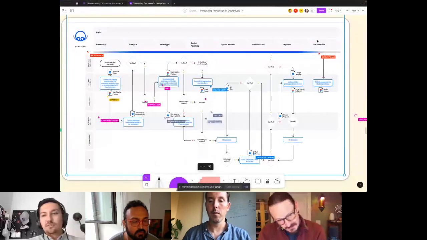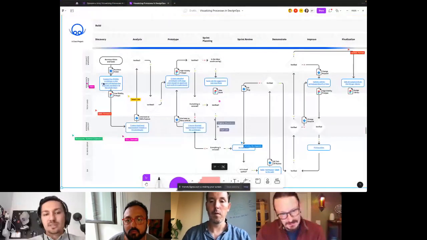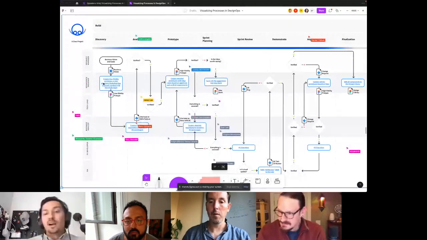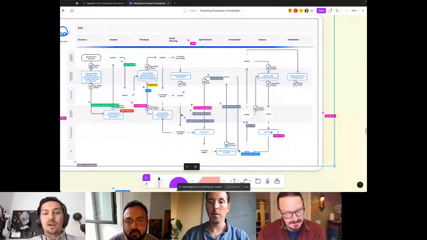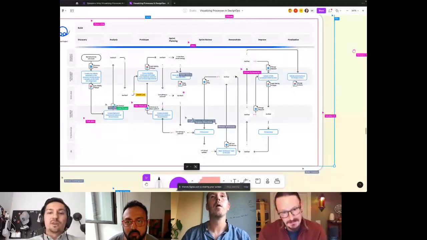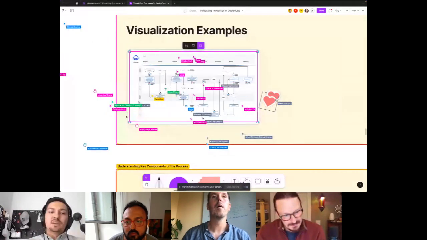I like to use the phases on top to visualize the timeline, and also capturing how the discovery is happening, how we are preparing some of the deliverables, how in some cases we are adding things into the ID bank if they are out of scope, how we are doing the planning and review cycles with our engineers and our other partners, and when we are delivering that, how we are doing the review and how we are making such change requests into the work. So again, that might spark some ideas for others on how to visualize processes.